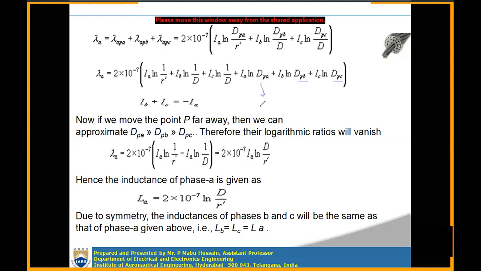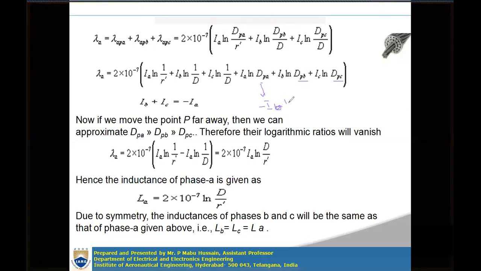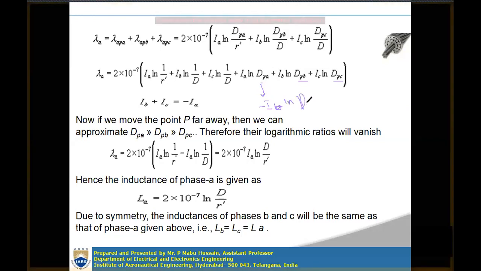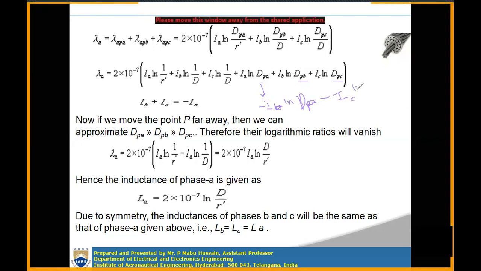In place of IA, if you write minus IB minus IC, then this expression can be written as minus IB ln dPA minus IC ln dPA, with the same dPA only.